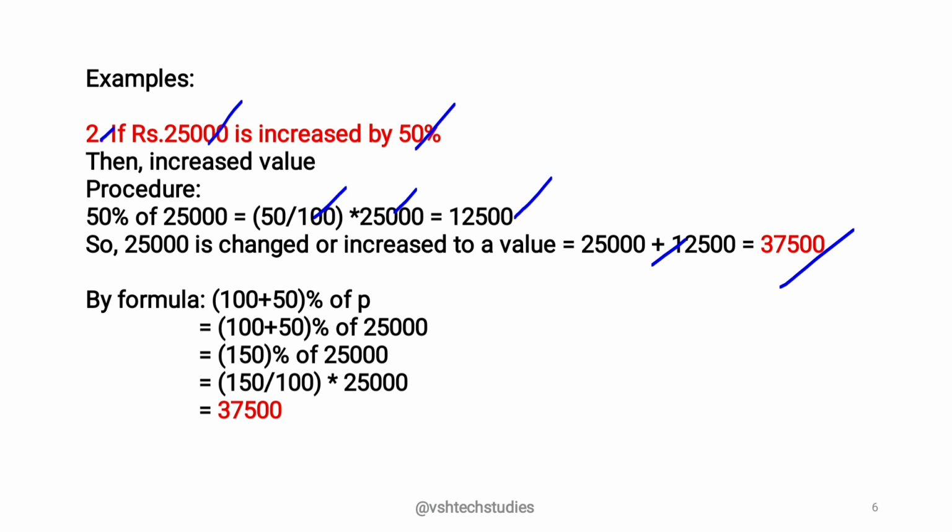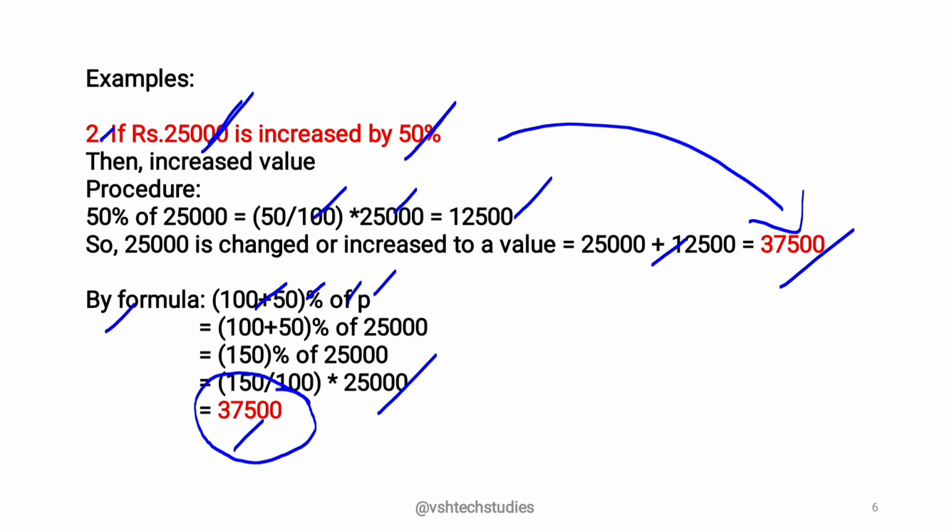Hence, 25,000 when increased by 50% becomes 37,500. By the formula, 100 plus 50% of 25,000, if you substitute and simplify, you get 37,500. This is by the formula, and the other is by following the steps involved in the procedure.